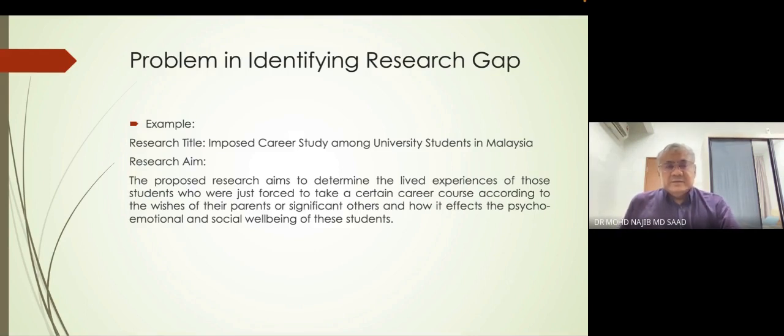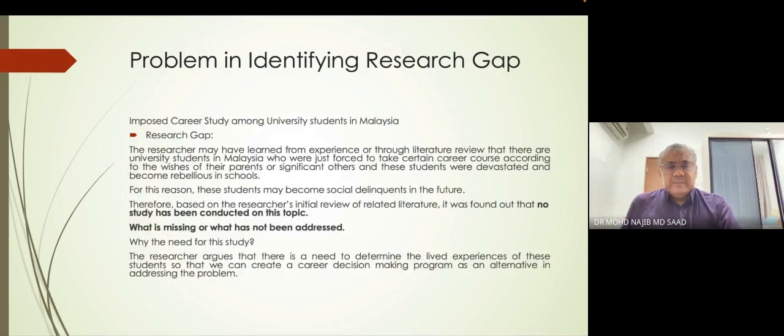And this research aim is quite different from the research gap. If we can identify the issue clearly in our writing, that will be the way we can write our research gap.